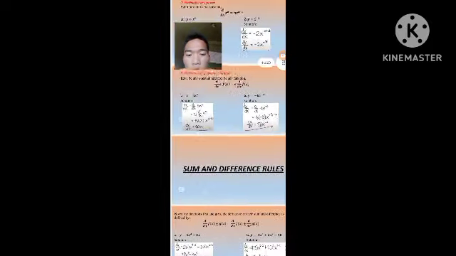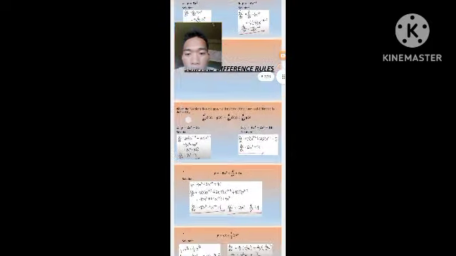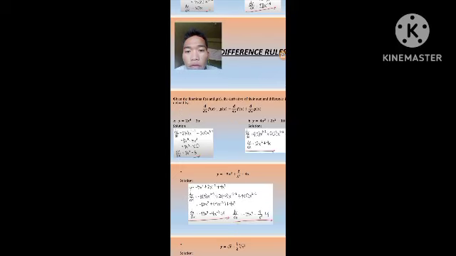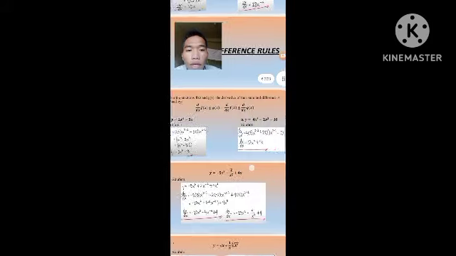And then the sum and difference rules. Given the functions f of x and g of x, the derivative of their sum and difference is defined by d over dx of f of x plus or minus g of x, which equals d over dx of f of x plus or minus d over dx of g of x.